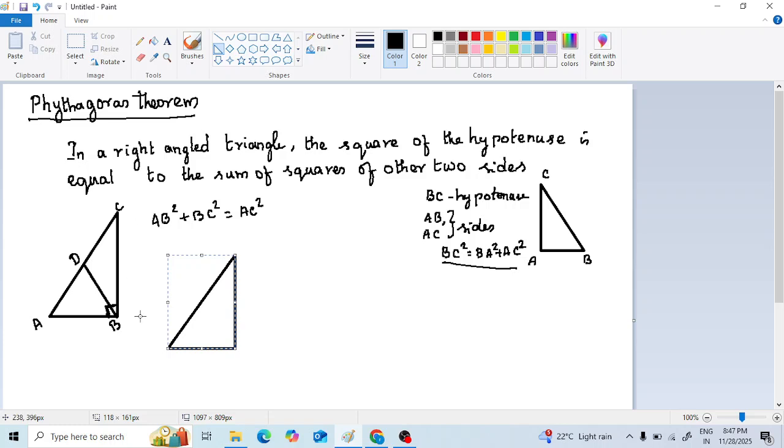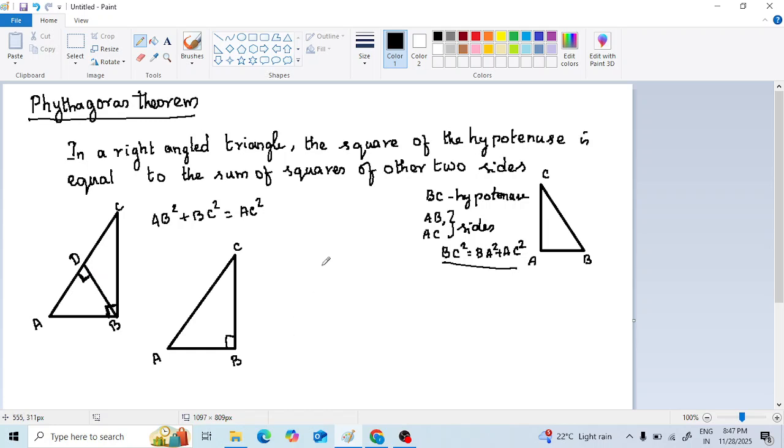I name the corners A, B and C. This is one triangle. Now another triangle I take. Here D is also a right angle.